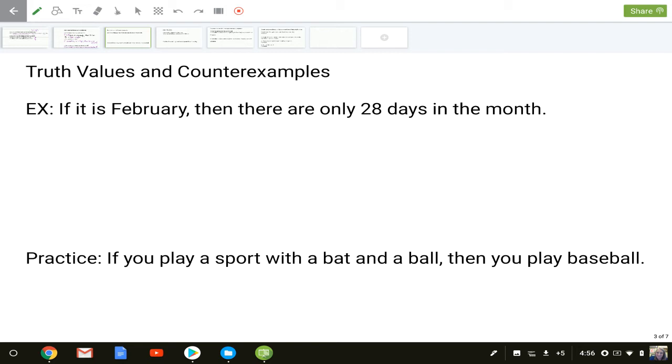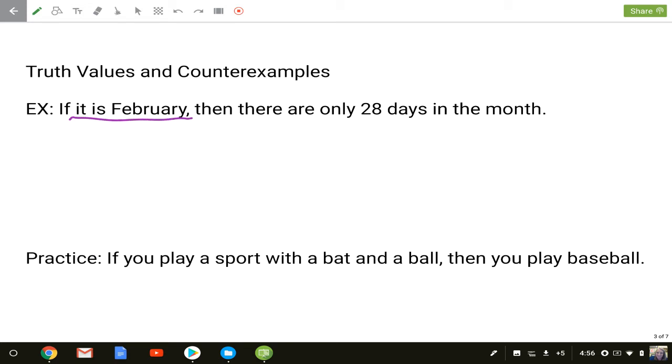For a conditional to be true, anytime the hypothesis is true, the conclusion has to be true. So anytime it's February, there has to be only 28 days in the month for this to be a true conditional statement.